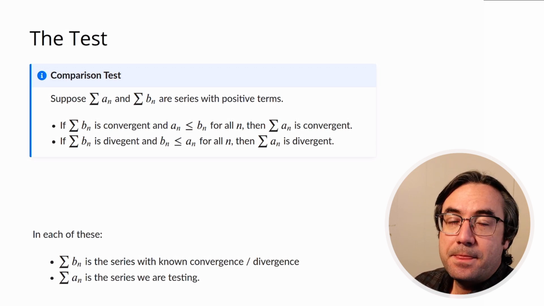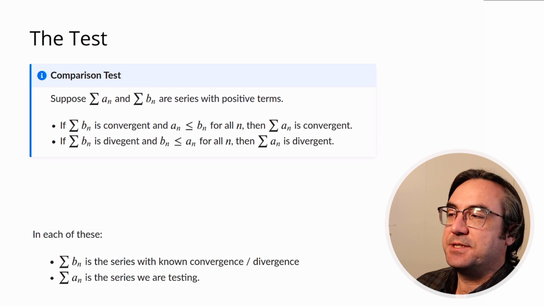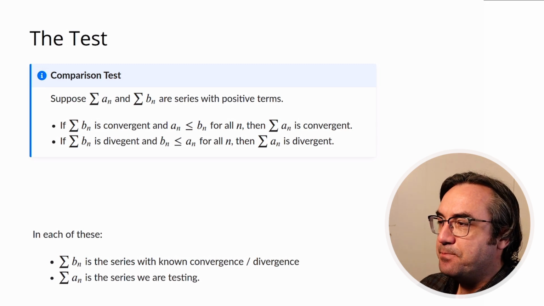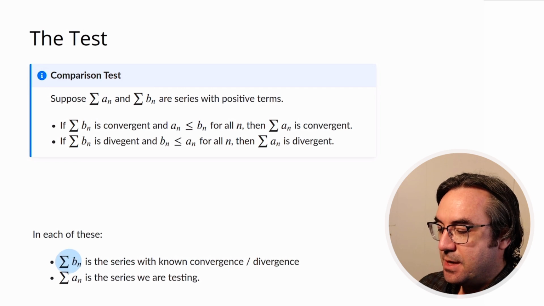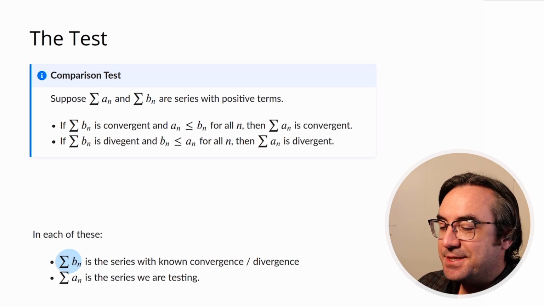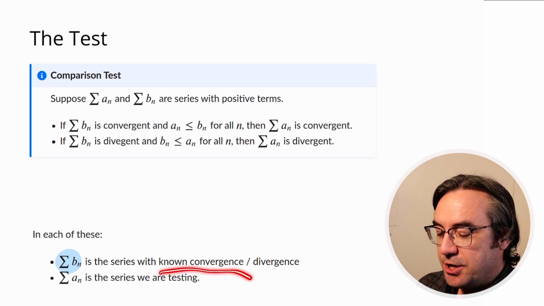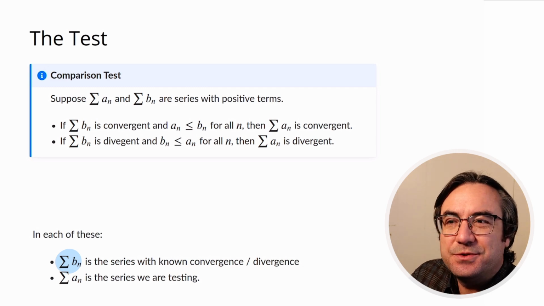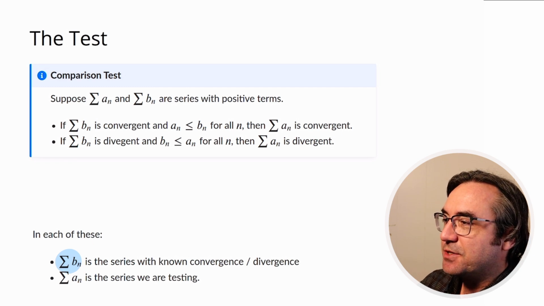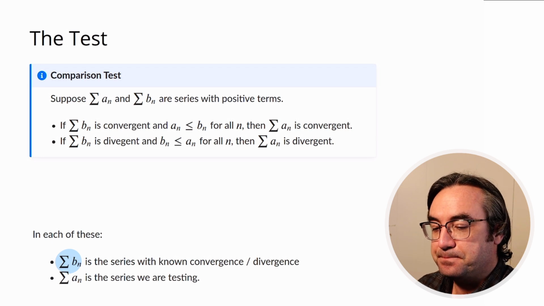All right, so how do we actually perform this test? So why is it called the comparison test? Well, sigma bn, we call this our comparable series. So this is the series that we actually know what's happening. So in order to use this test, we have to know what's going on with at least one of our series here. So usually in the way we do this, sigma bn is called our comparable series.